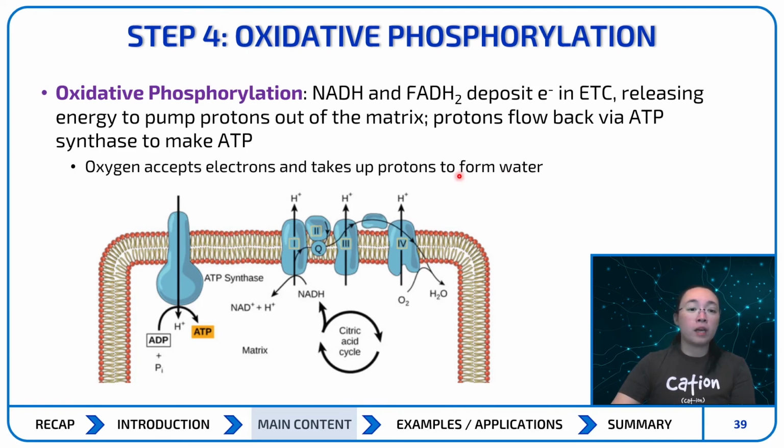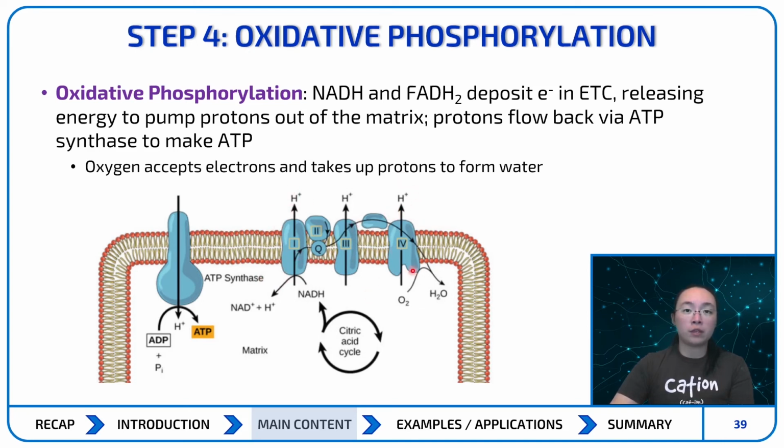In step 4, we have oxidative phosphorylation. We have the citric acid cycle over here, and it produces NADH and FADH2. They're going to deposit electrons in the electron transport chain, releasing enough energy to pump protons out of the matrix. So you have all of these H pluses over here.